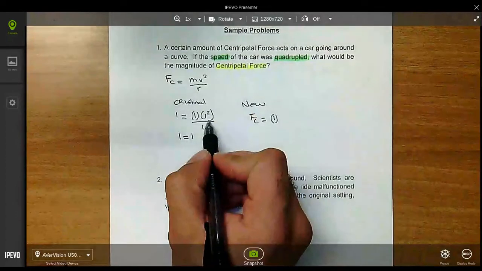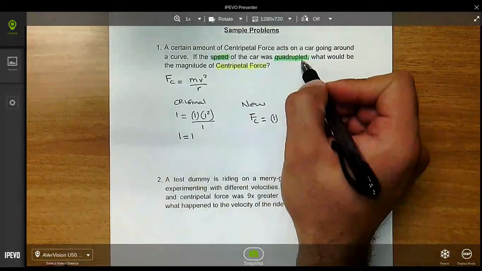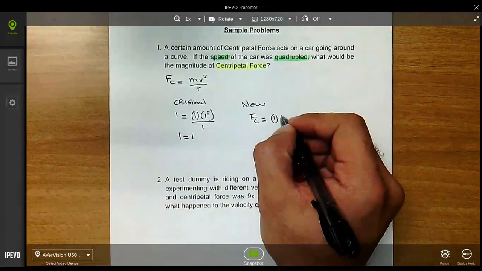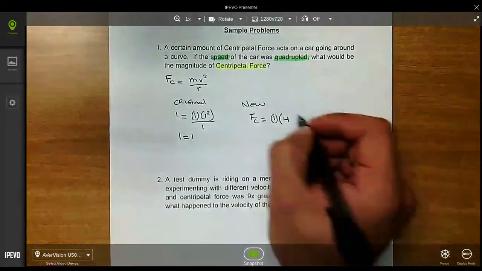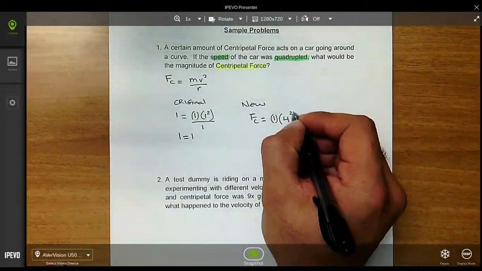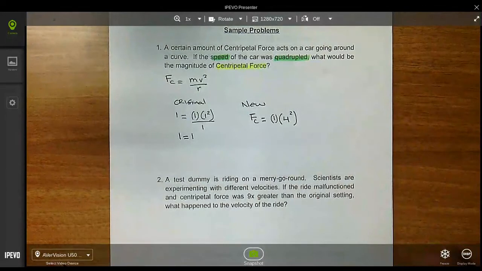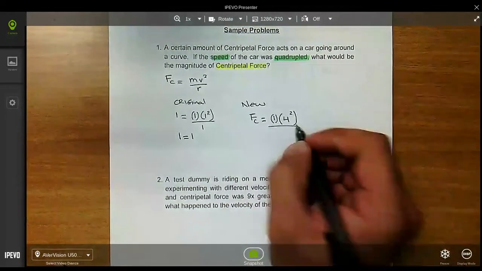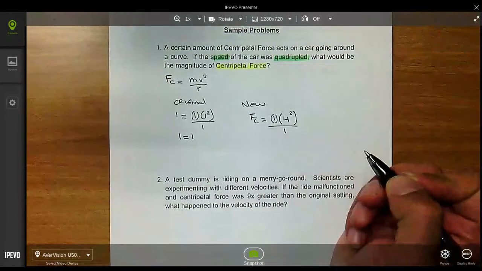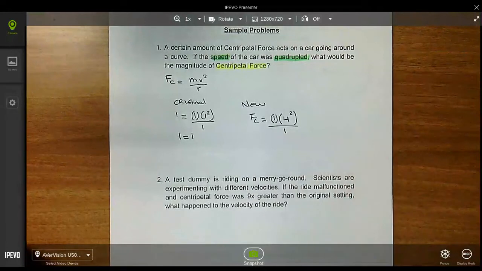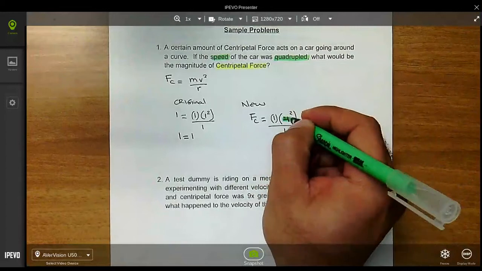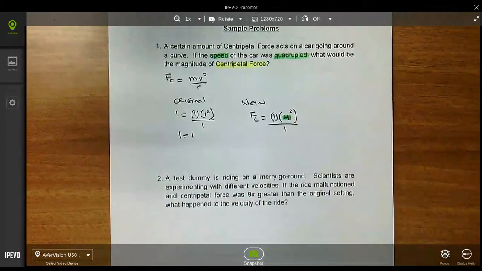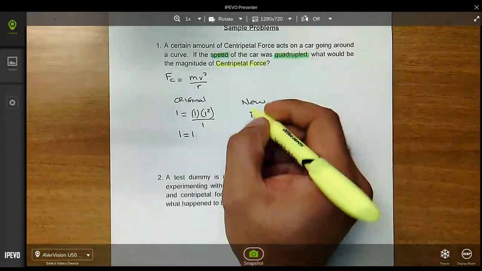The speed or tangent velocity was originally 1, but is now quadrupled, so that means it's 4 times greater. So the velocity is 4, but this gets to be squared, so 4 squared. And we're going to divide that by still a value of 1, because there's no change being made to our radius. So this was our speed that got quadrupled, the 4 over here. And we are solving for centripetal force.